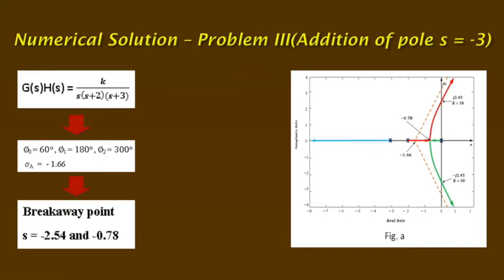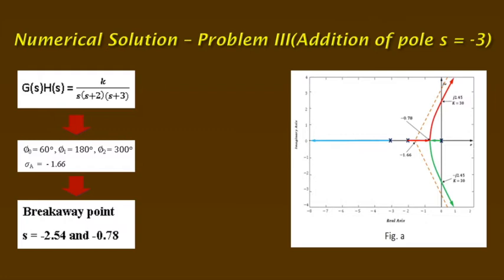Then calculate the breakaway point. Taking characteristic equation 1 plus GSHS equal to 0, then find the value of K. K equal to minus within the first bracket S to the power 3 plus 5s square plus 6s.